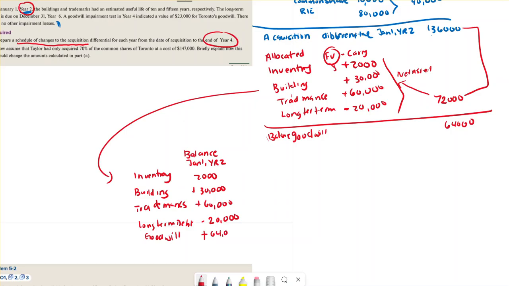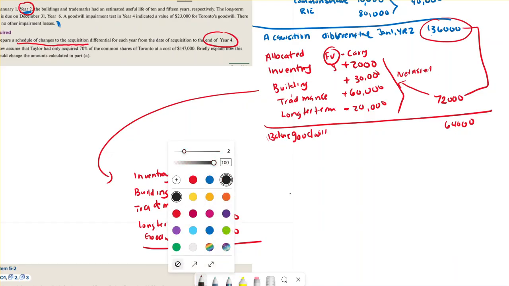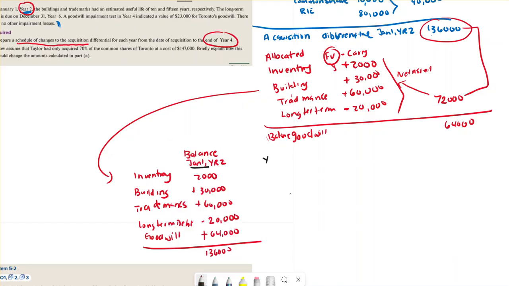The value of the goodwill is 64,000, and we know that the difference was 136,000. Now if you started in January, we have year 2, year 3, year 4, and then the ending of year number 4.